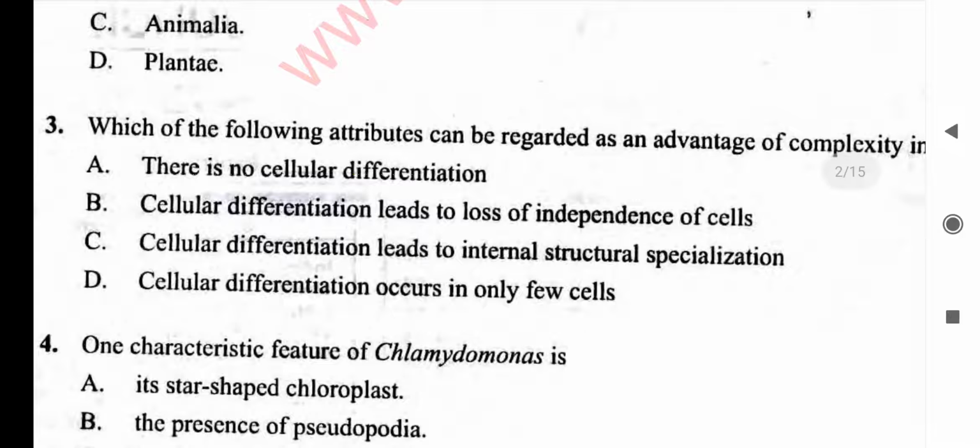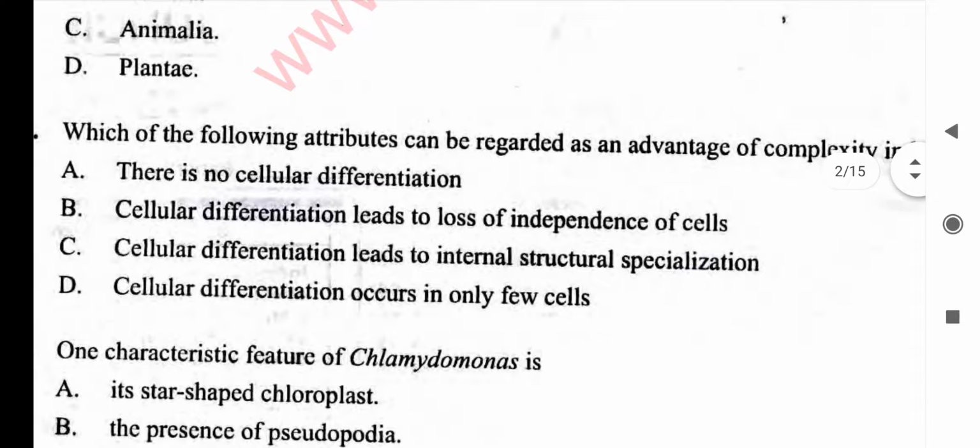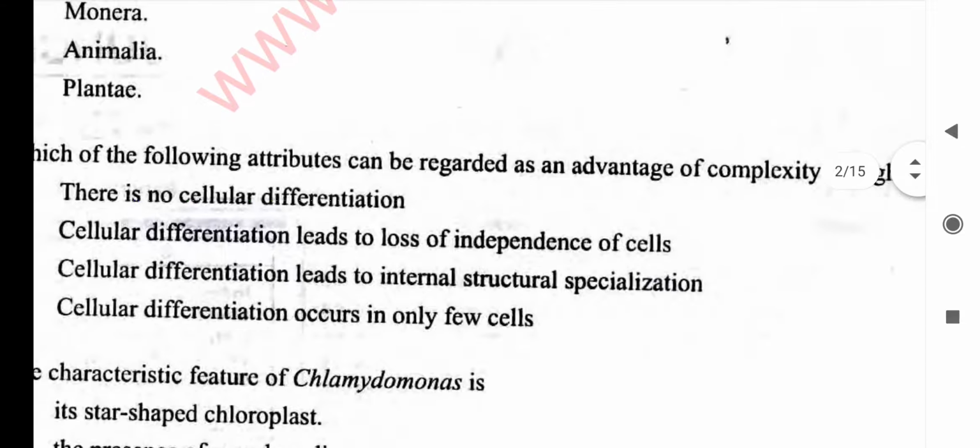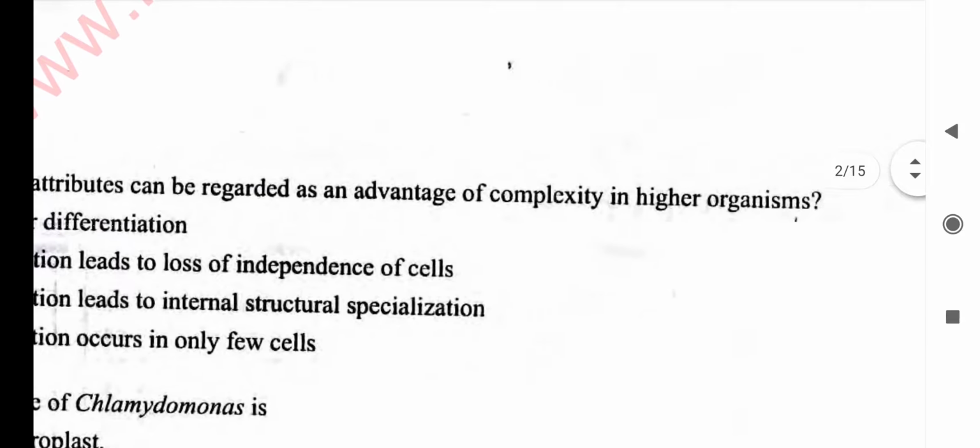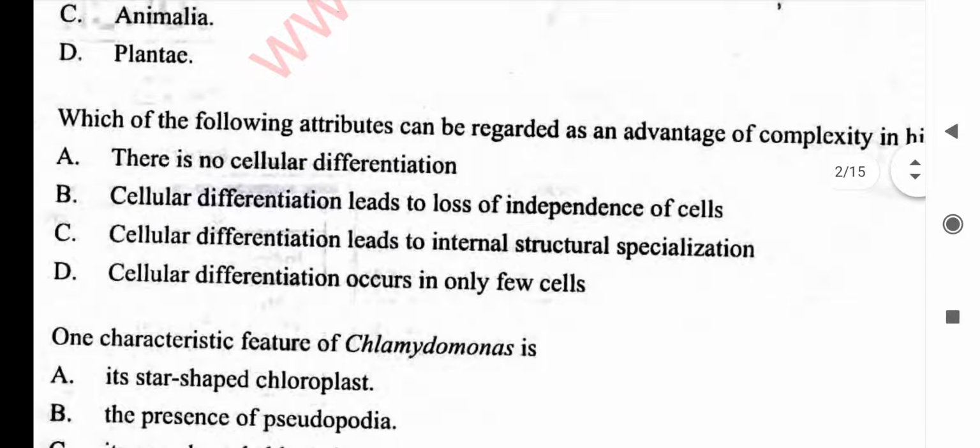Number 3, which of the following attributes can be regarded as an advantage of complexity in higher animals? No cellular differentiation, no. Cellular differentiation leads to loss of independence of cells. C. Cellular differentiation leads to internal structural specialization.